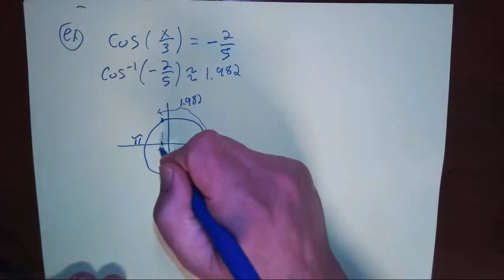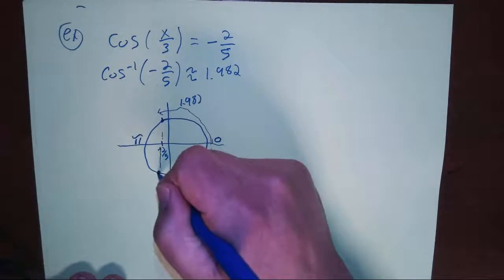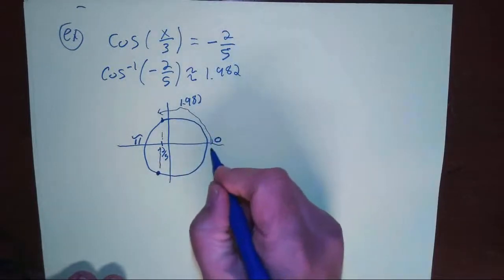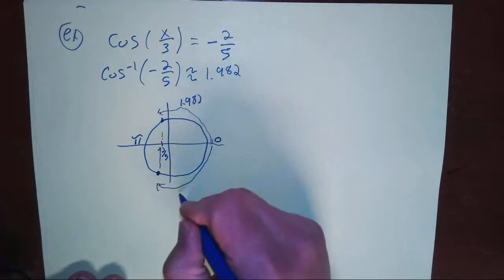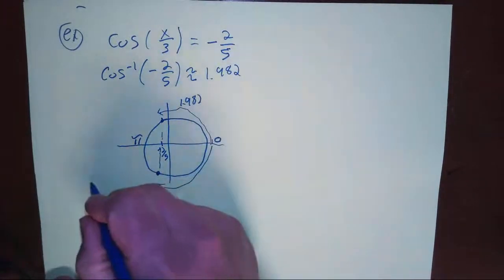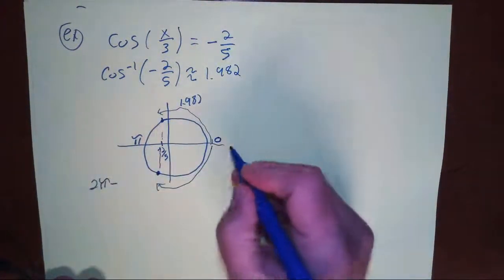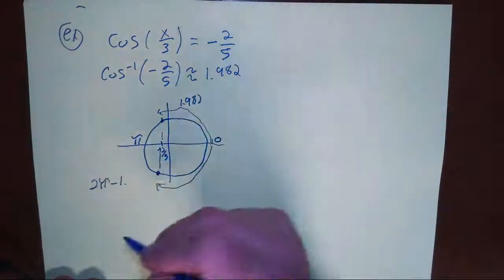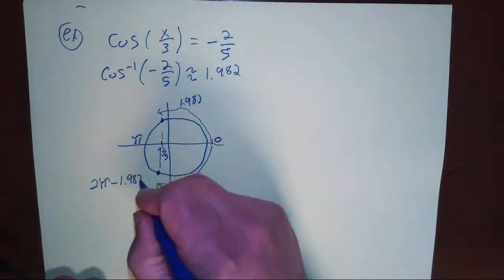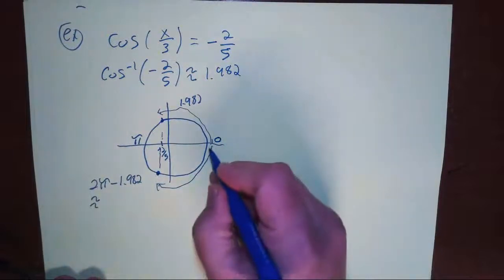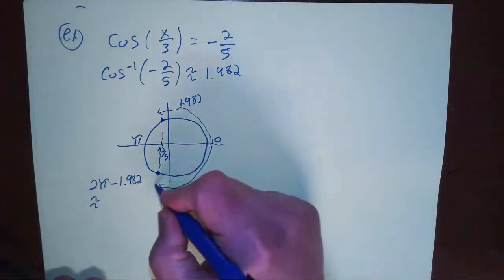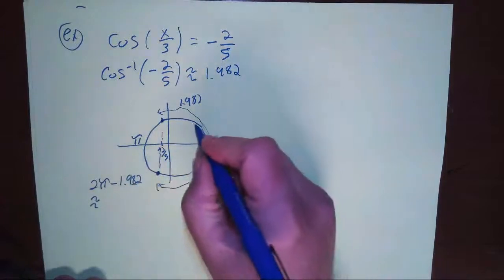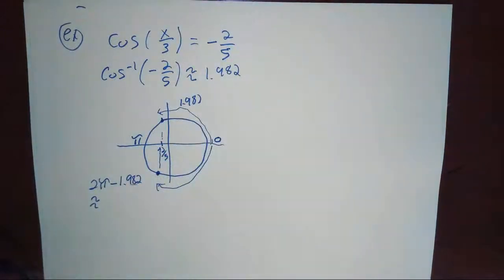So the other one is down here, right? And how do we get this? Well, this distance here is the same as that distance there. So I'm going to take 2 pi, all the way around, and subtract 1.982, going back the same distance as that there.